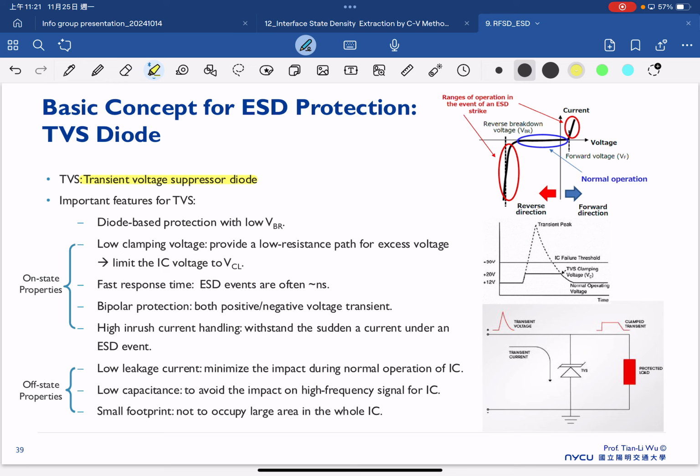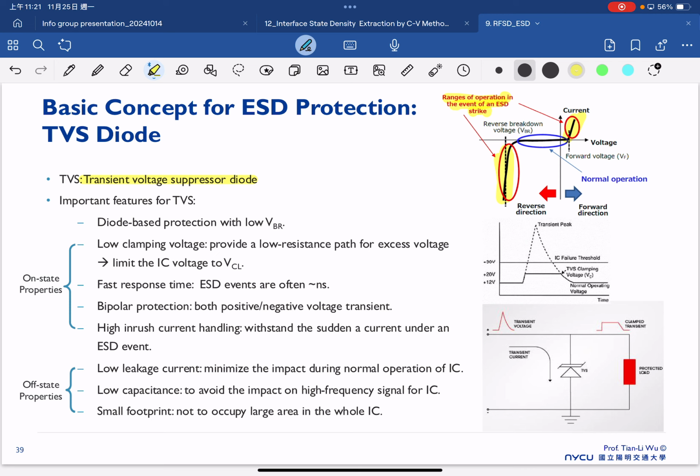This is a diode that has an operation like in this way. We have a forward conduction, we have a reverse conduction, and this is the case of the device being used as a typical diode, but for the ESD, we actually hold the device operating in here and here during the ESD event happening.